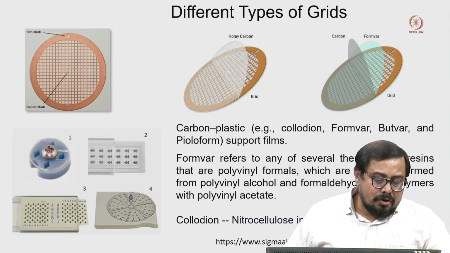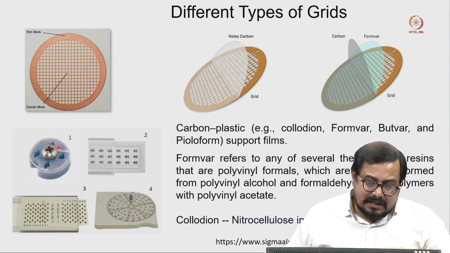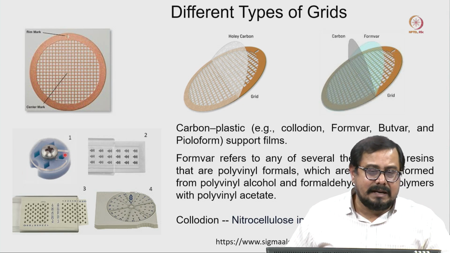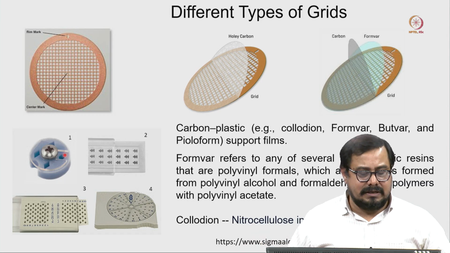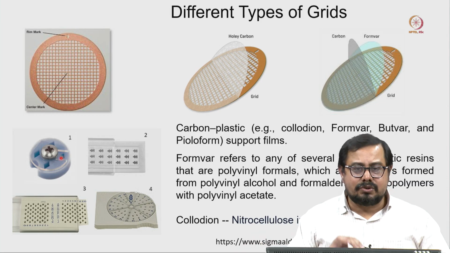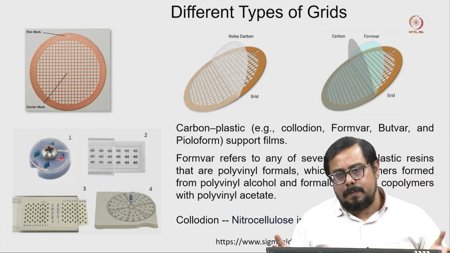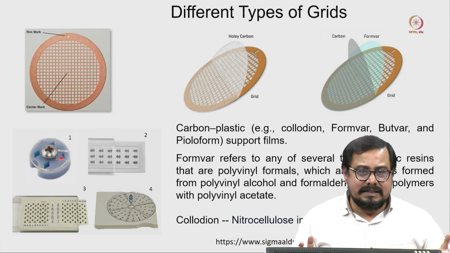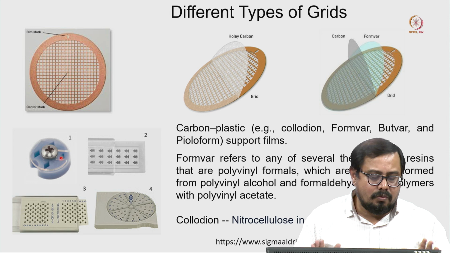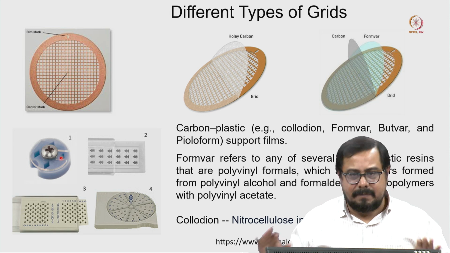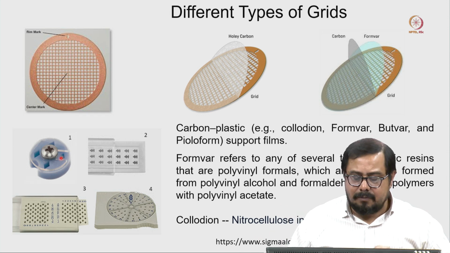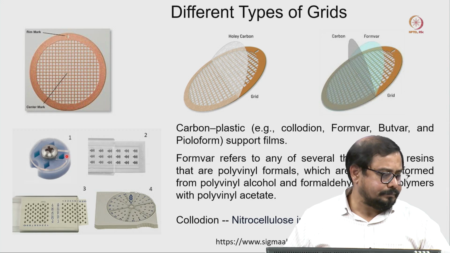Using this screw, you tighten the grid box in such a way that the grid cannot come out. So, we can store this grid box in liquid nitrogen for a long time. After freezing we can check these grids after 6 months. No change will happen if we preserve them properly in liquid nitrogen.